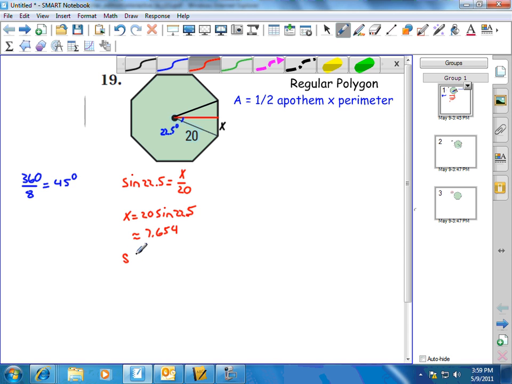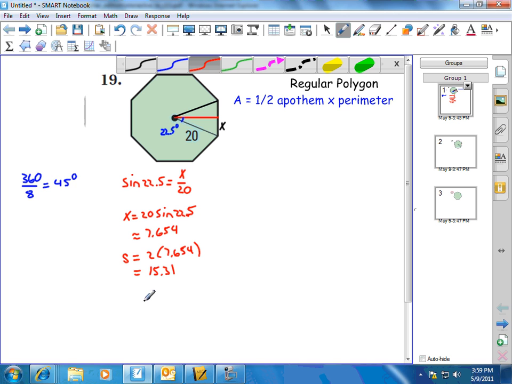If I double that, I've got 2 times 7.654, which is equal to 15.31.